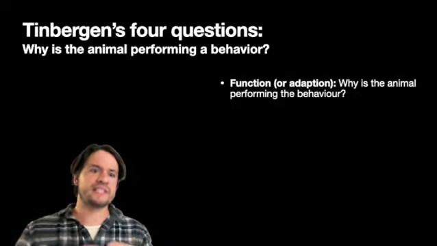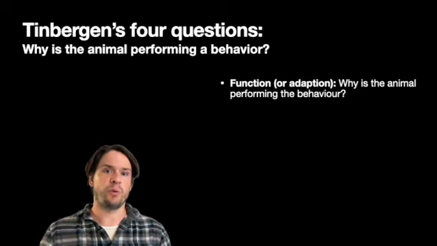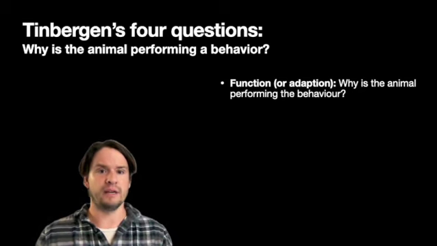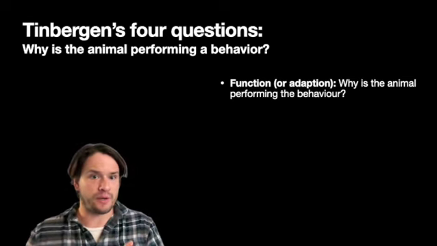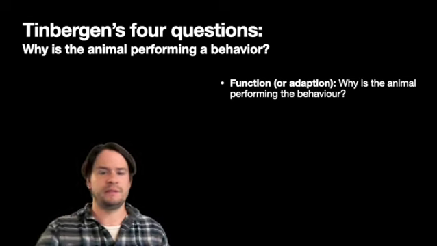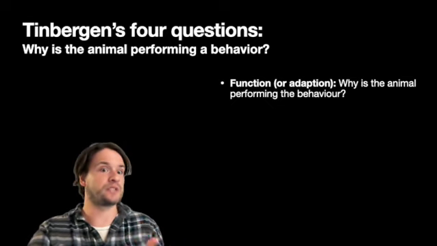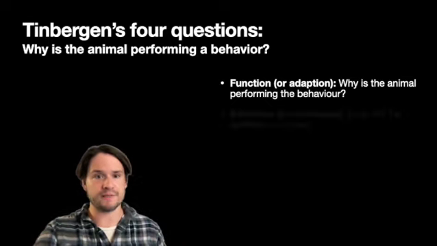One scale at which you can answer this question of why an animal is performing a behavior is its adaptive value. So what's the function of that? What is the usefulness, for example, increasing fitness?